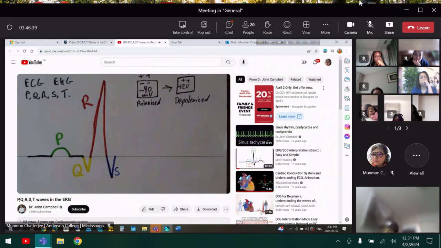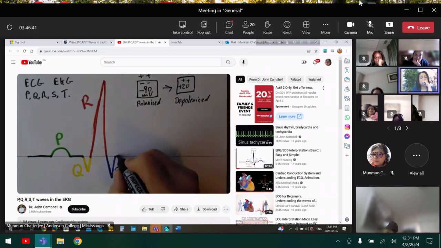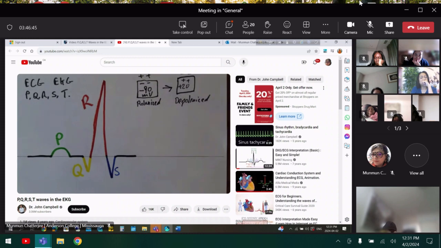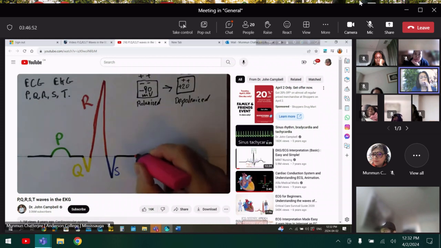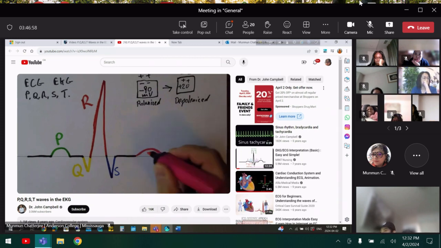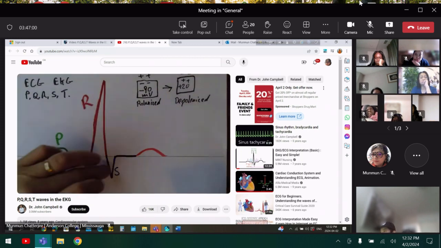And then we have a little more isoelectric line here. And then we have the final wave. Well, we normally count it as the final wave, which is the T wave. So P, Q, R, S and T.